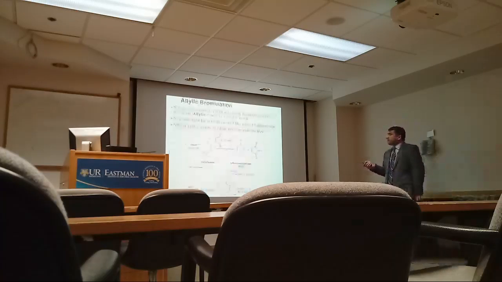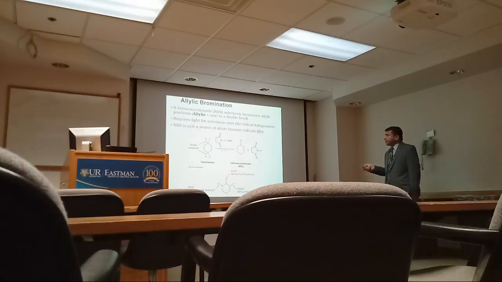And allylic bromination. So it means we have a cyclohexene here, right? In the presence of this reagent, which is called NBS, which stands for N-bromosuccinimide, N-bromosuccinimide acts as a catalyst for this cyclohexene to react with halogens, right?